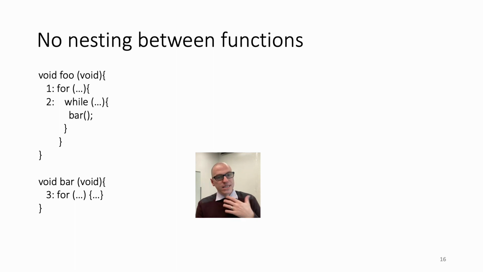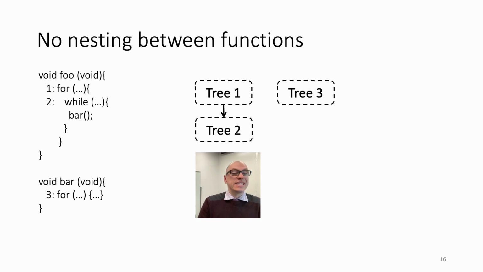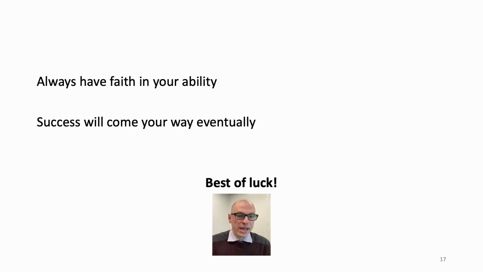But if you ask NOELLE, give me the forest of the entire program, it will return tree 1 and tree 2, nested in each other to represent loop 1 and loop 2 and their nesting relation, and a separate tree that represents loop 3. So they're not merged together. With this, I hope this talk will help you, and good luck.